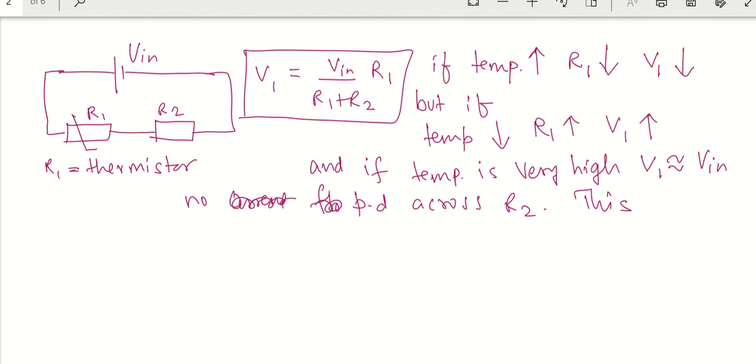Now this difference in the voltage that you are seeing in the thermistor causes an alarm.